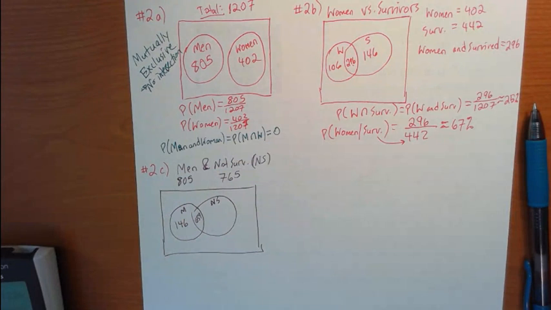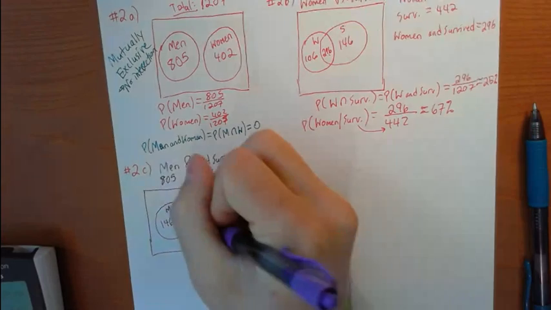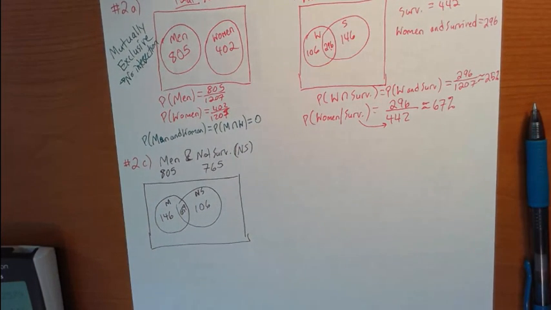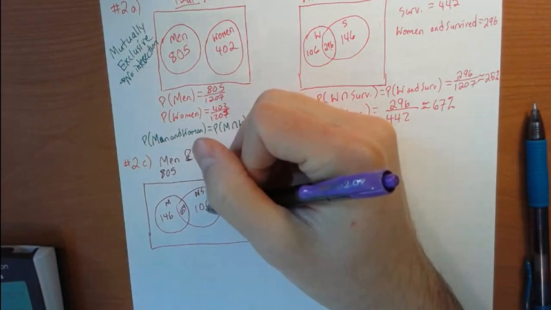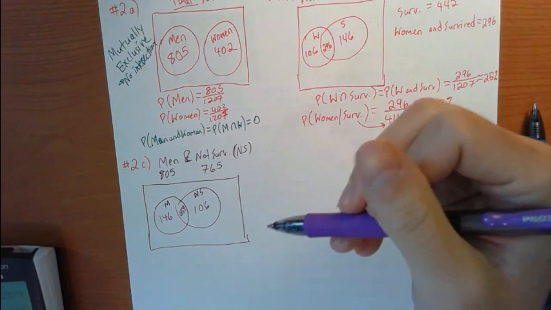And we have, out of the 765 non-survivors, we can take away the 659 men who didn't survive, and we're left with the 106, which would really be the amount of women who didn't survive, if you think about it in terms of that way. So remember, this 106, that is non-survivors, but not men, because it's outside of the men's circle.